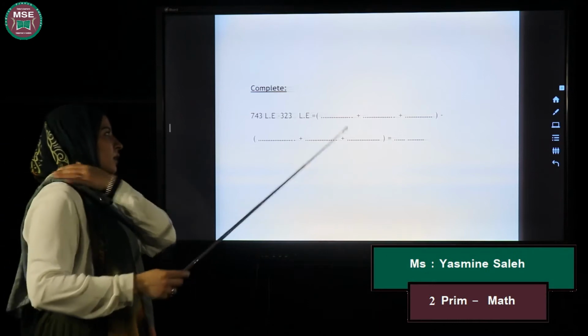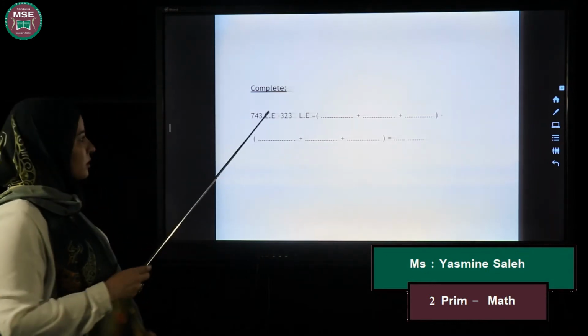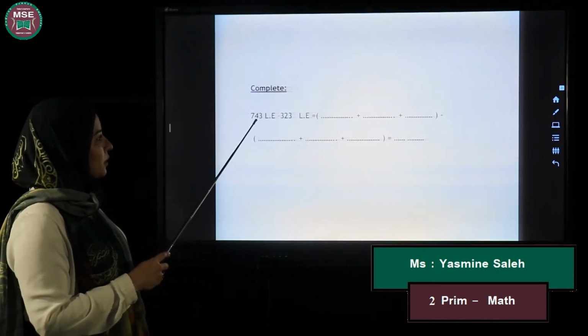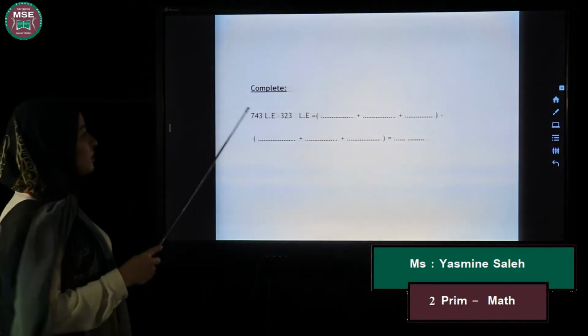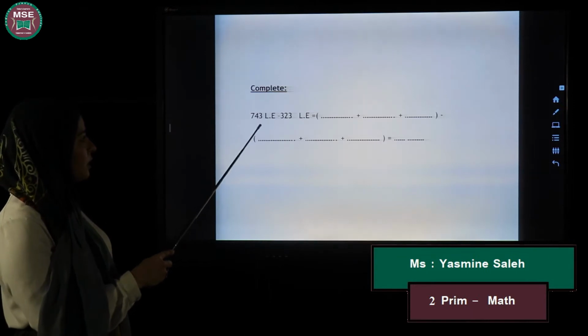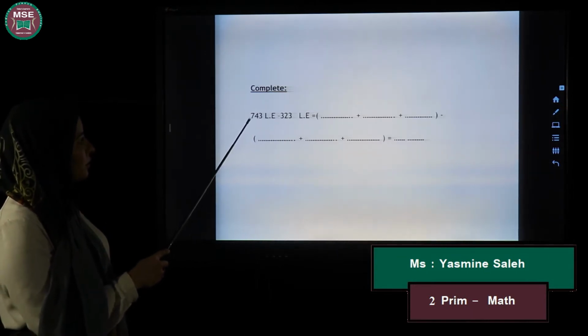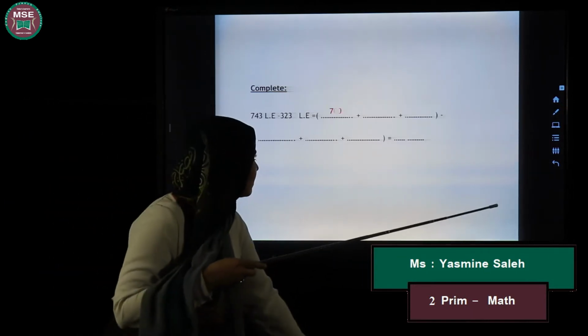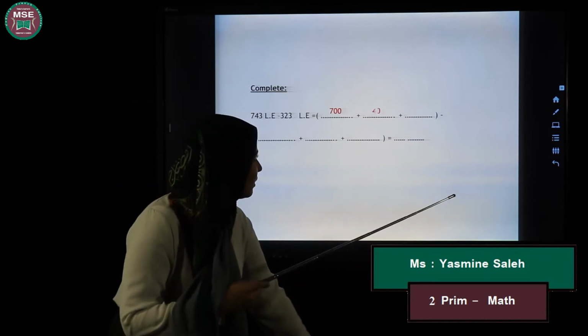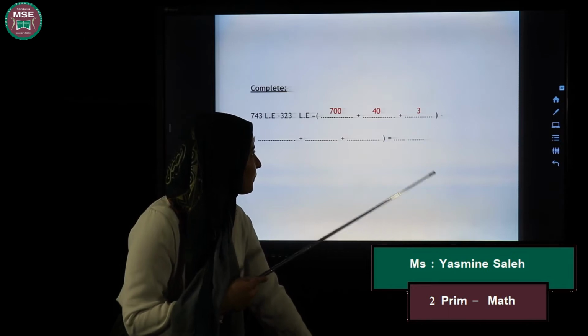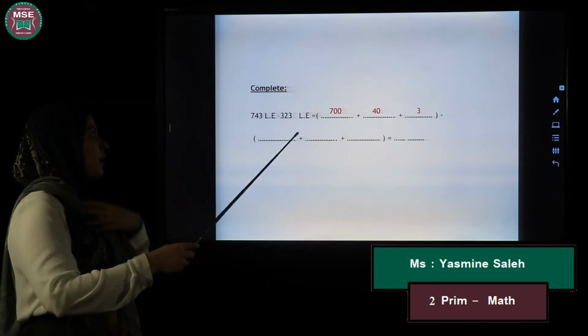Okay. Here I want to break the numbers. I have 743 LE minus 323. I will break the first number first. I have 743. The hundreds is 7, so 700, 40 and the 3 units. Minus 323.